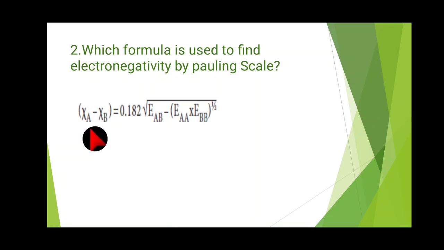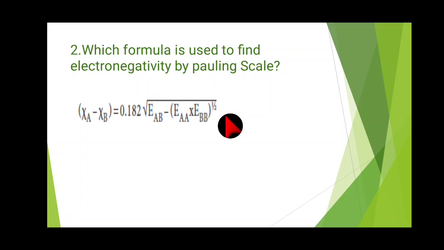So here in this formula, electronegativity symbol A minus electronegativity symbol B equal to 0.182 root, within bracket we write EAB minus, within the bracket EAA into EBB, close the bracket, power 1 by 2.